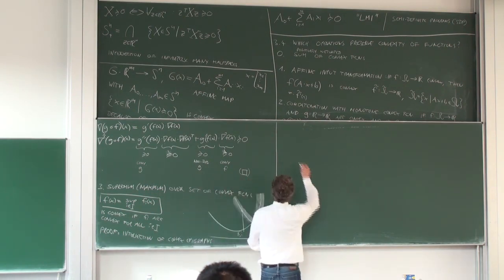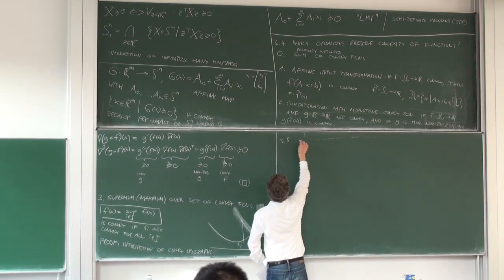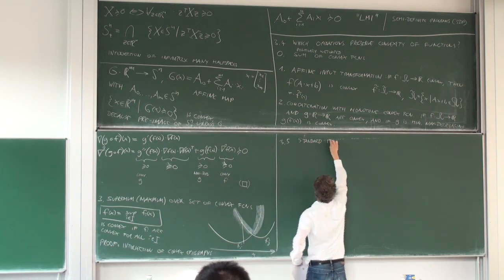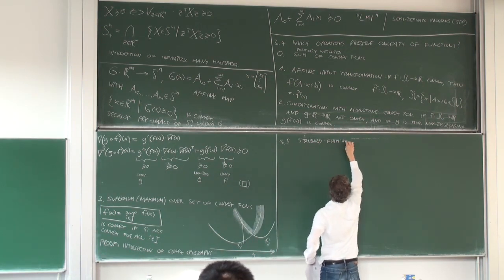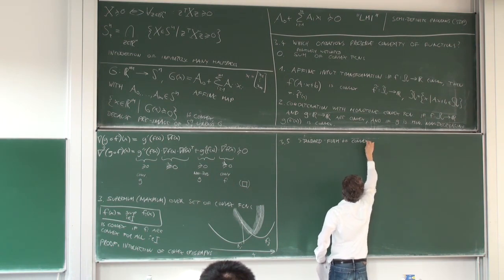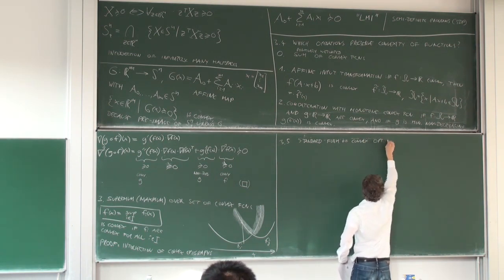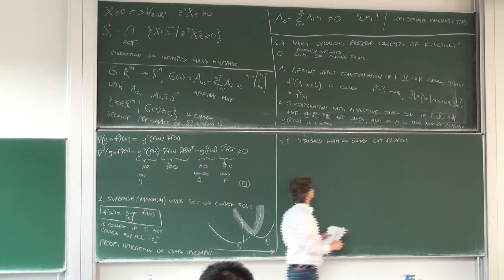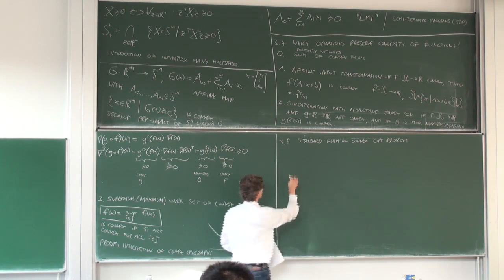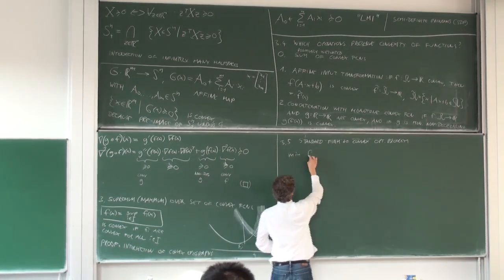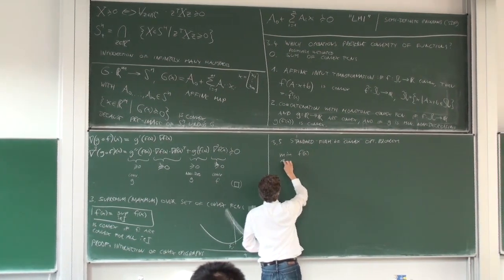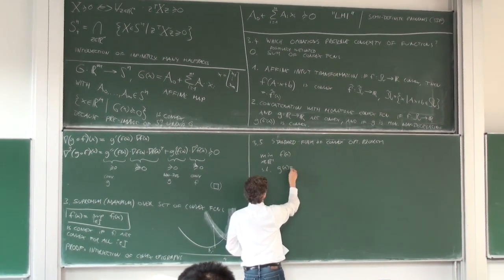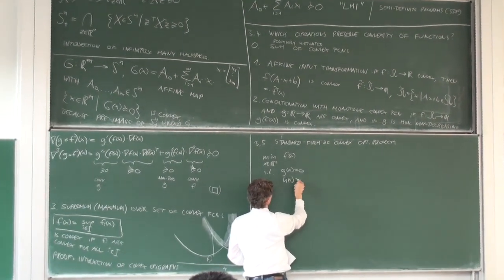You remember the standard form, we had one standard form before where we just said minimize f of x, x in R^n, subject to g of x equal to 0 and h of x bigger than 0.